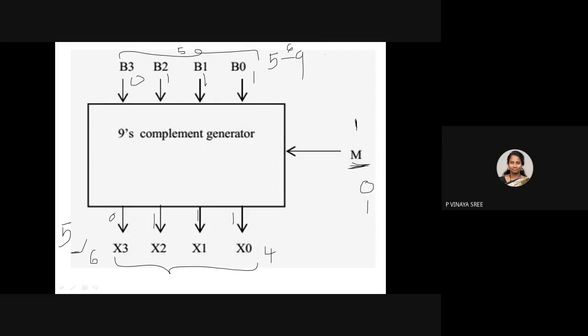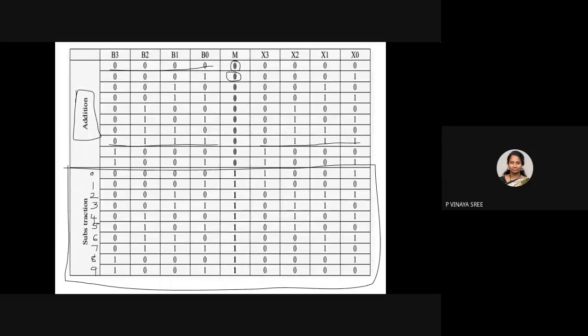If M equals to 1, and I give the input as 0 0 1 0, what will be the output? What do you have to get if M equals to 1? 7, ma'am. 7 means you will be getting 0 1 1 1. We will check whether it is getting or not.